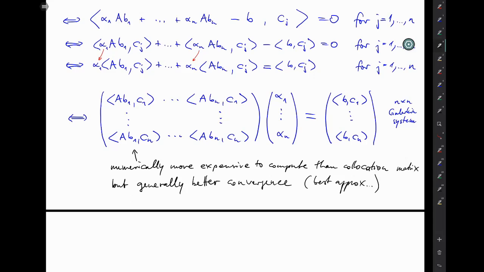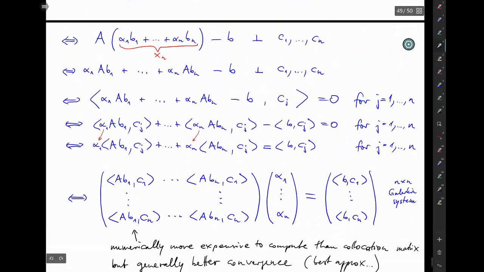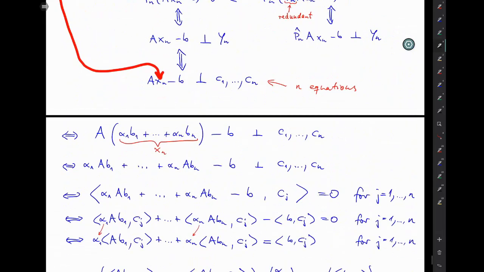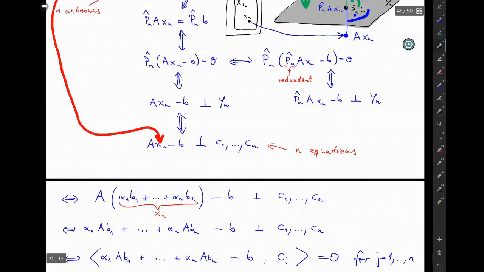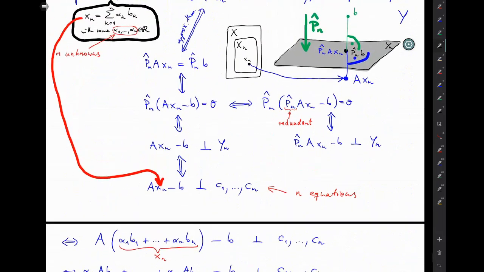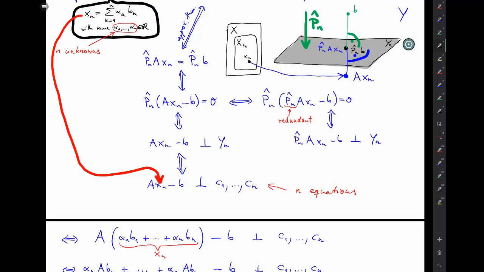Second comment, how can we see Galerkin's method as a projection method? So we need our canonical form where A is squeezed between two projections. And I mean, we almost have it here.